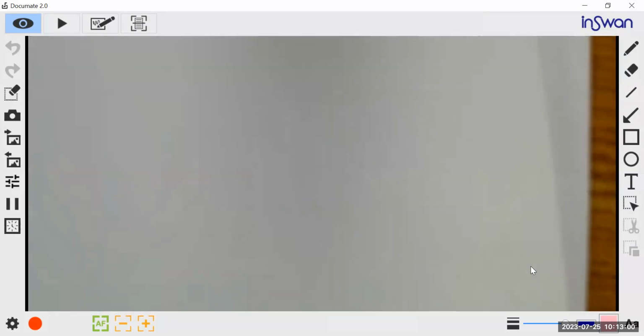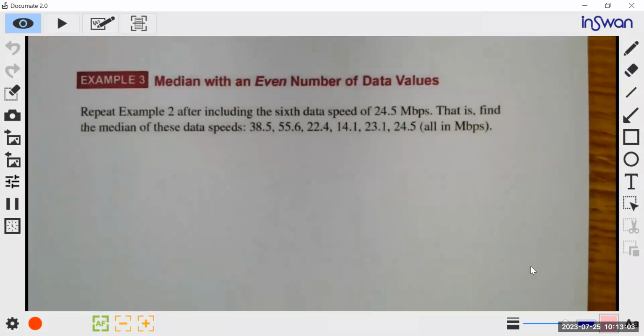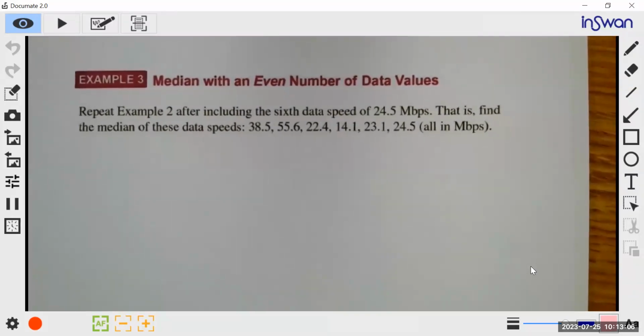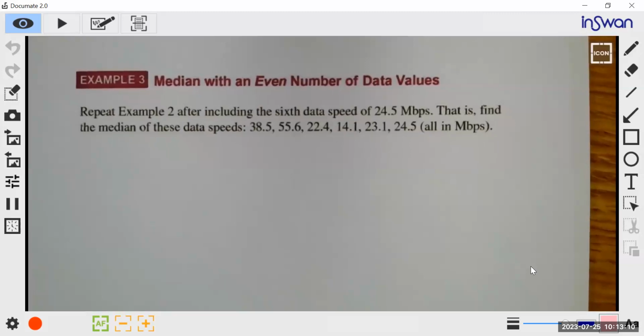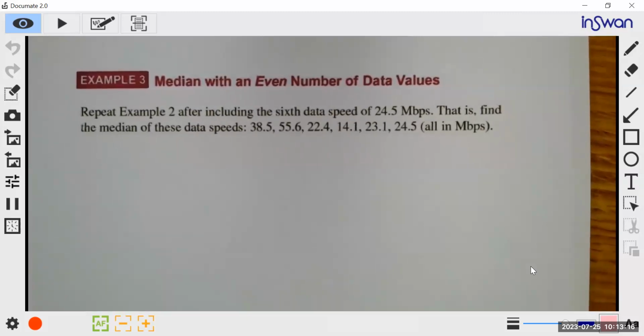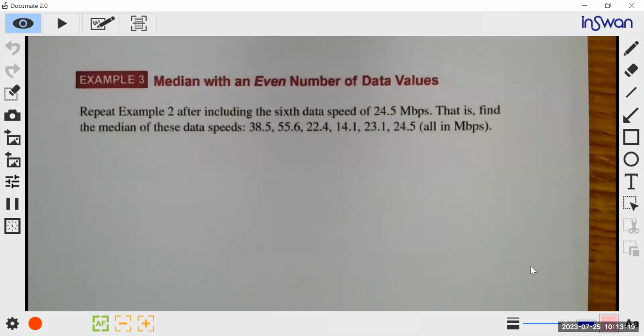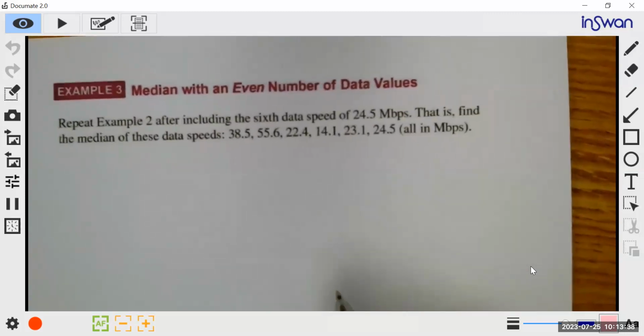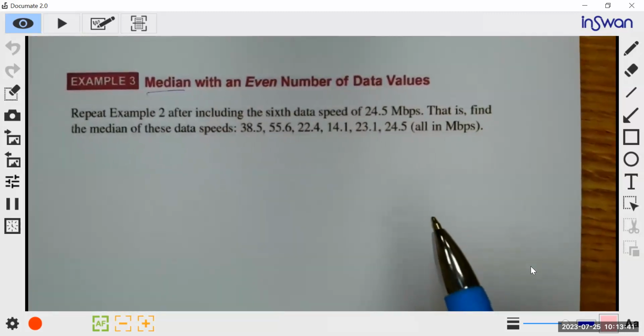So far, so good. Let's change it up a bit. Let's do this one. Since you're asking for the median, you have to put it in increasing order.